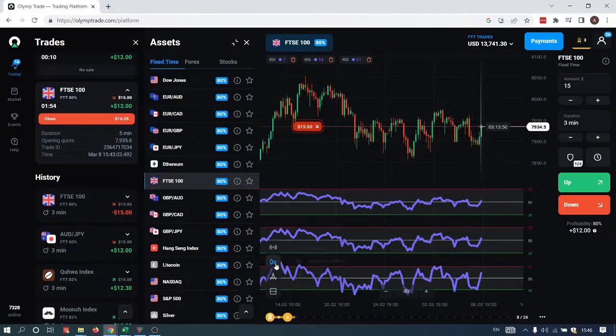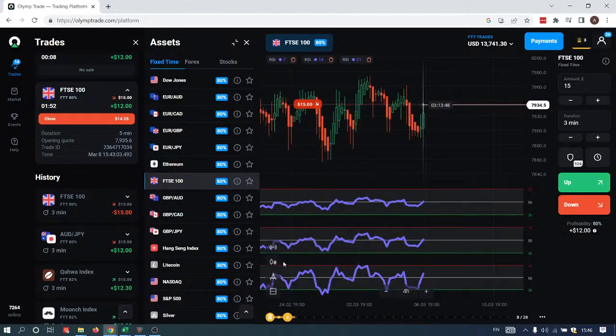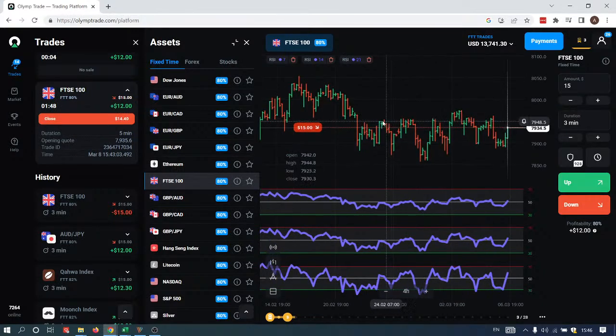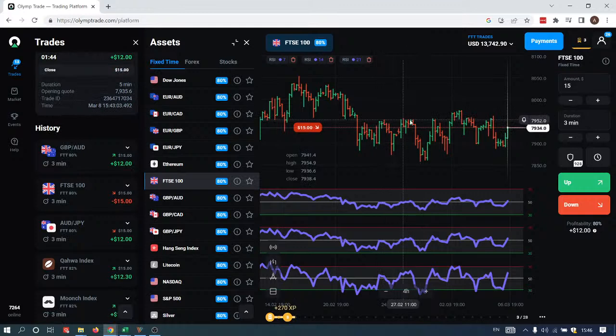But with the bar chart, it just looks a little different, and we see that there is this resistance level here, and even if the day doesn't close towards the upper part of this resistance area, it's still kind of there.